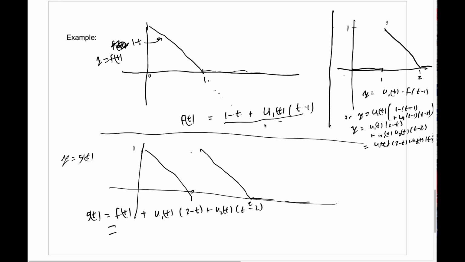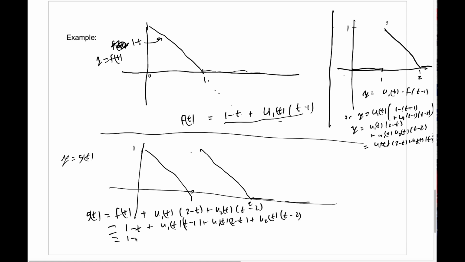And of course we put in what f of t is. This is 1 minus t plus u sub 1 of t times t minus 1 plus u sub 1 of t times 2 minus t plus u sub 2 of t times t minus 2.